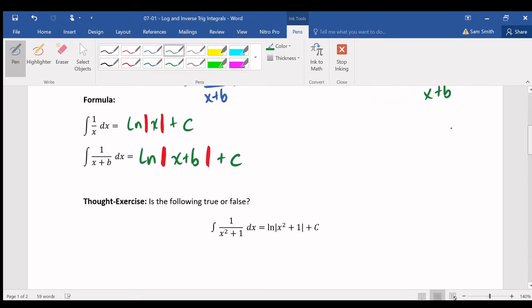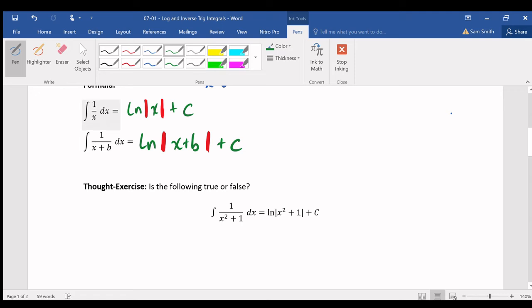So if you have a reciprocal of a linear function with slope 1, 1 over x or 1 over x plus b, the antiderivative is the natural log of the absolute value.